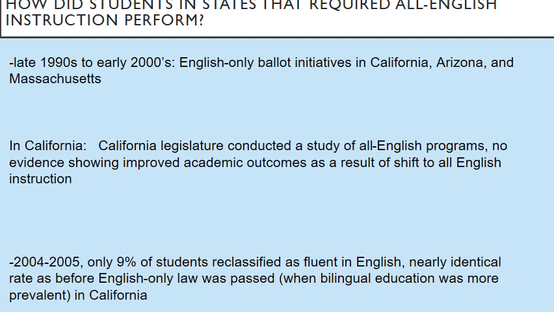So basically, there was no change. But once again, the net effect was that students were banned to speak their native language, and so they were more likely to lose their native language. Yet, there were no educational benefits, especially no benefits in English proficiency, from having all English programs.